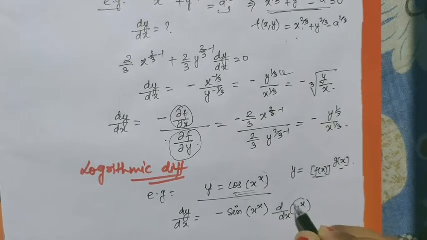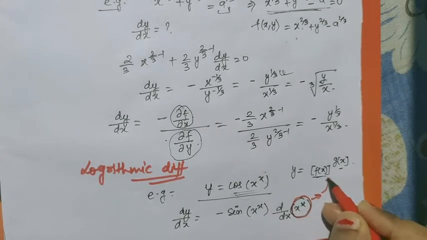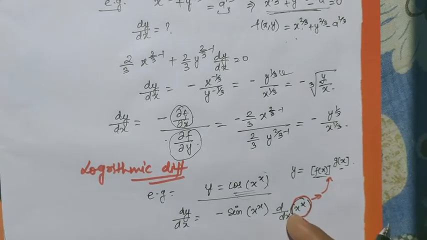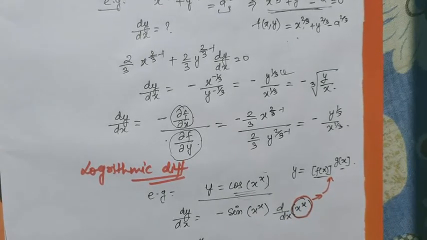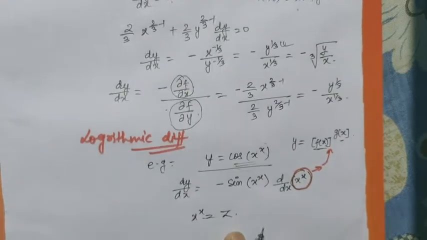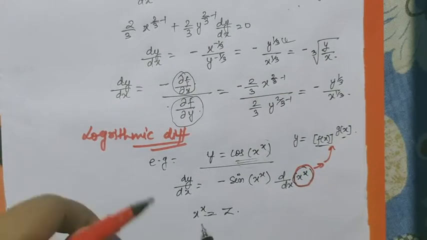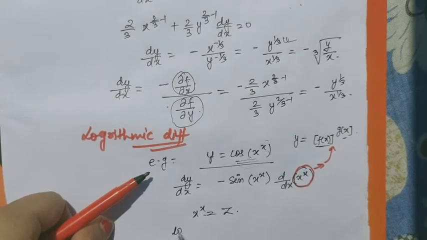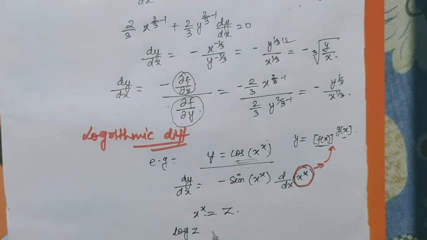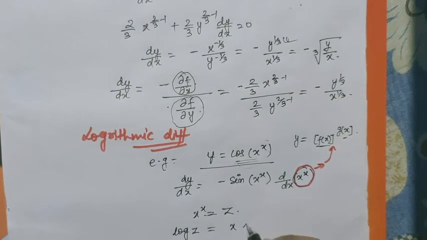But see here, this part, x raised to power x, is in that form, and we have to calculate the differentiation of this x raised to power x, let us say it is z. So what we do, we will apply logarithmic differentiation. So taking log on both sides, log of z will be x log of x.